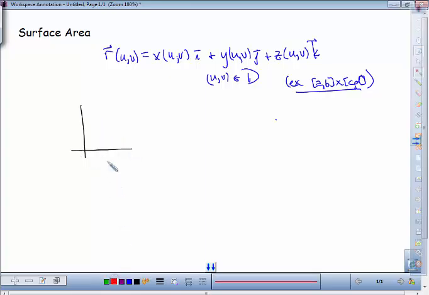So graphically, we have some domain here, D, in the uv plane. And remember, this could be r, theta, or phi, theta, were a couple of examples that we have, or it could just be plain regular xy.